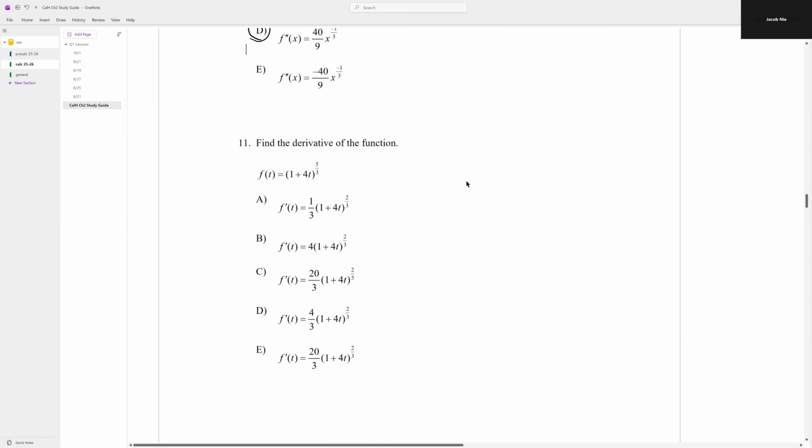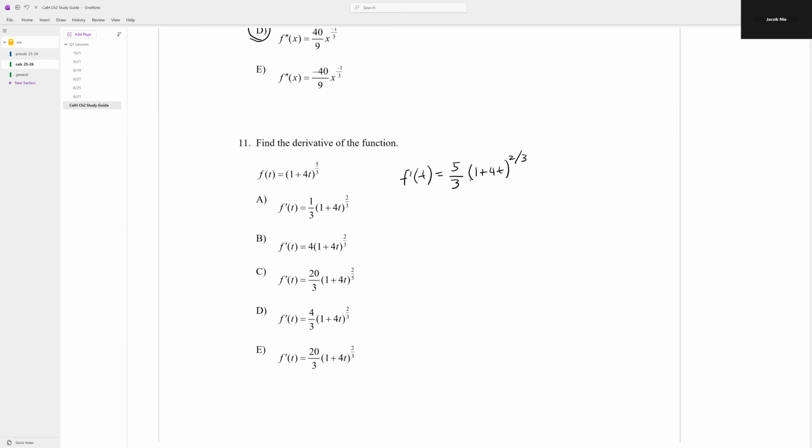Next, find the derivative of this function here. Here we're going to have to use chain rule, right? The reason is that we have a function on the outside, that power of 5/3, and we also have an inside function, the 1 plus 4t. And so to do chain rule, we're going to take a derivative of the outside function with the inside left the same. And so the 5/3 will come to the front, which is just power rule. Inside stays the same, so 1 plus 4t. And that's going to be to the power of 5/3 minus 1, which is 2/3.